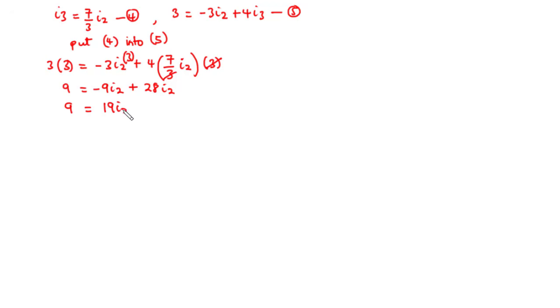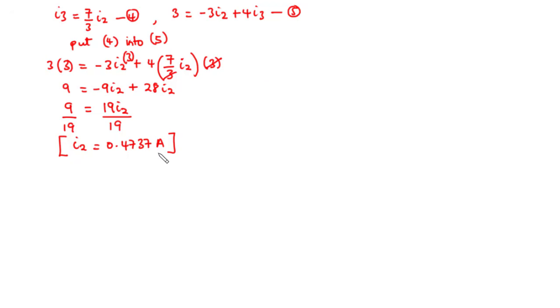So we have 19 I2, we divide through by 19, and then we have I2 to be equal to 0.4737 amperes. So this is the value of I2.